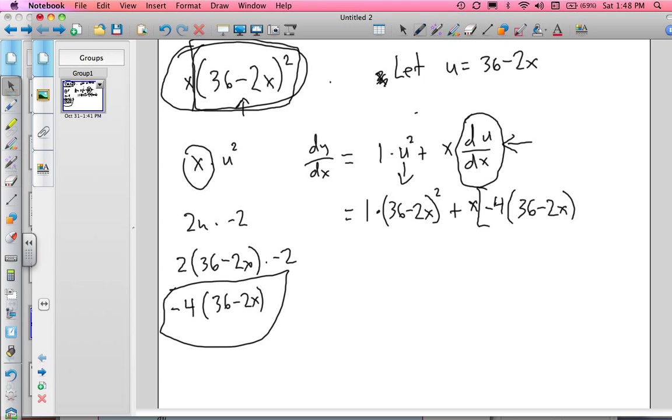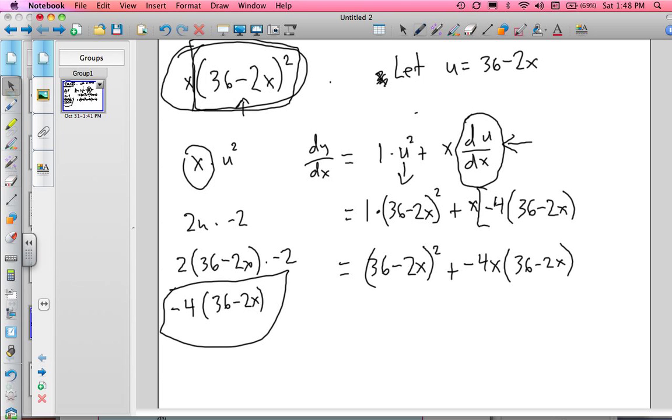So this ends up equaling 1 times (36 minus 2x) squared, plus we multiply in the x: -4 times x is just -4x, times (36 minus 2x).